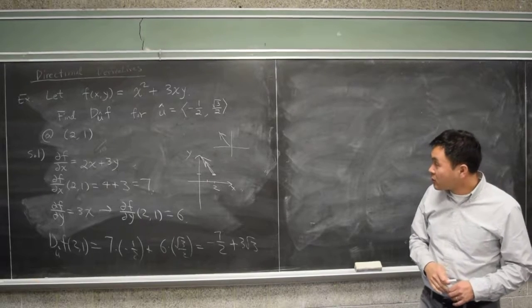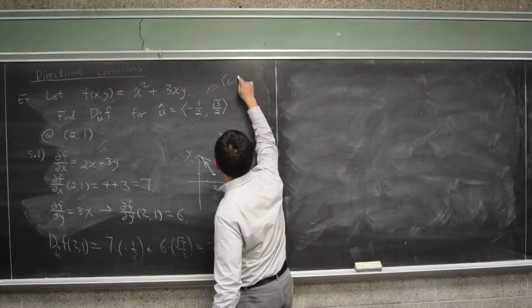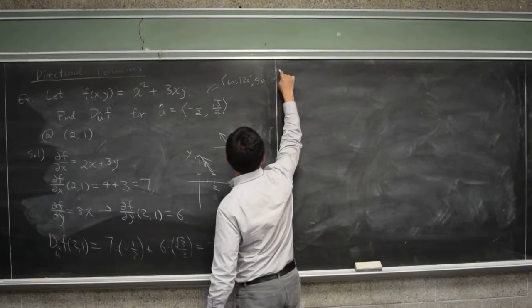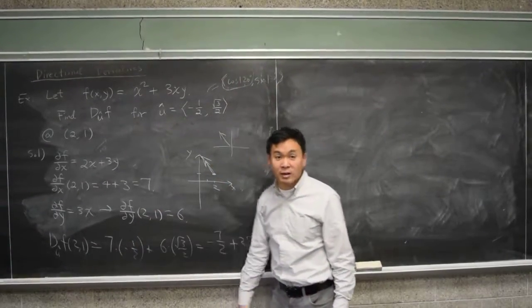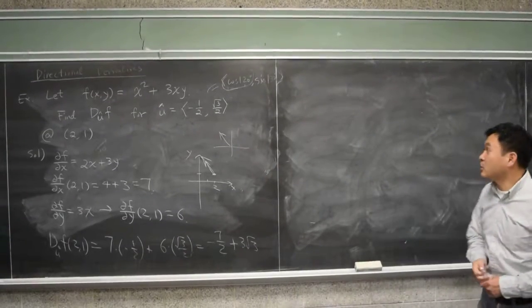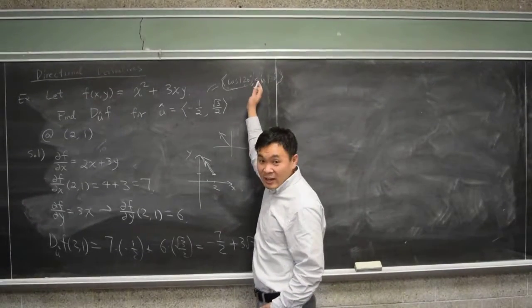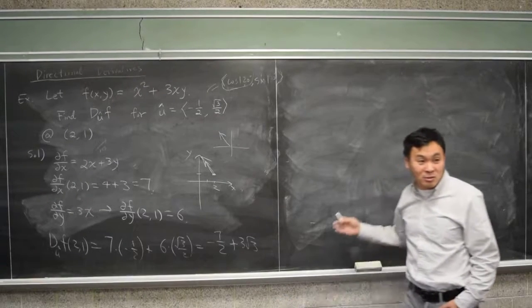No, I plug in, these are really cosine of 120 degrees, sine of 120 degrees, right? So cosine theta is negative 1/2, and sine 120 is radical 3 over 2. That's what I meant. Okay? By the way, sometimes I might give you theta, and then in that case you have to compute the cosine theta, sine theta to use that formula I just erased.